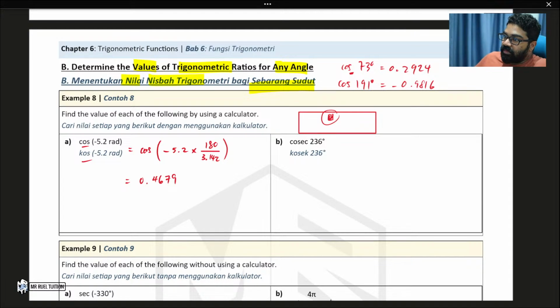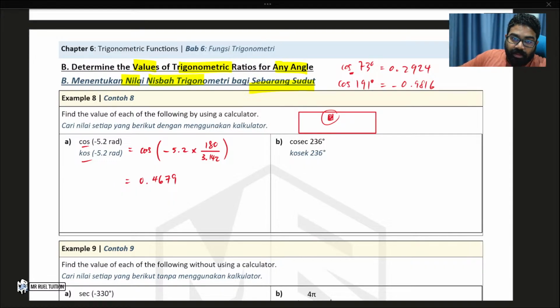You can press the calculator directly, you can do cos directly in the calculator. Cos, use brackets, bracket negative 5.2 times 180 divided by 3.142. Yes, you get the same answer. Use the calculator directly, one line is enough already.